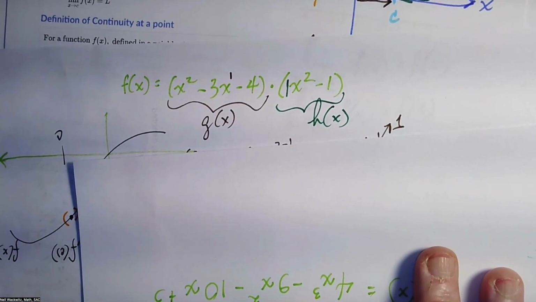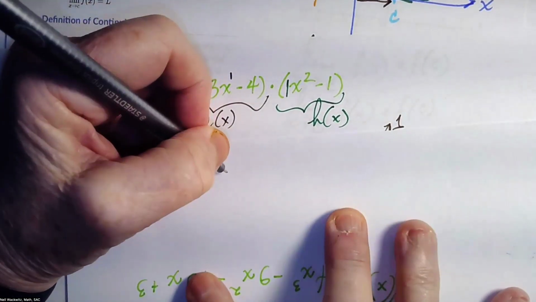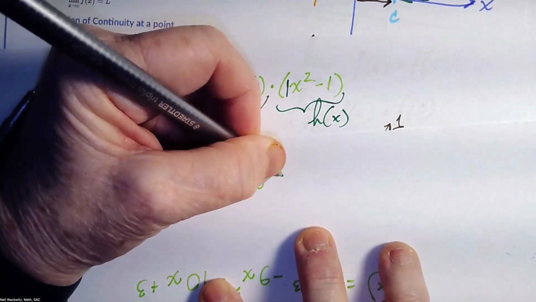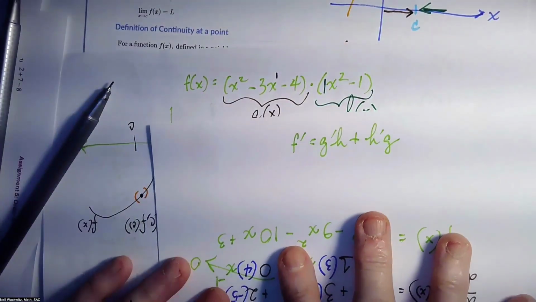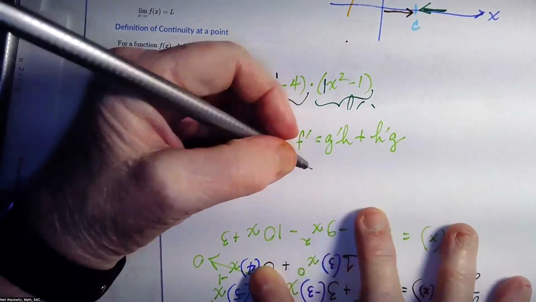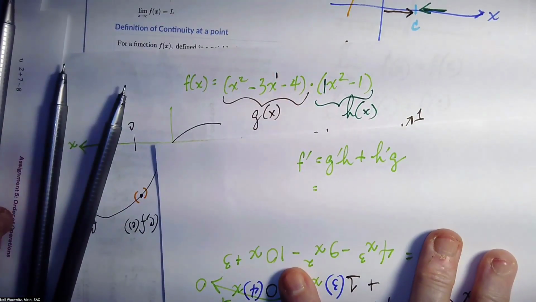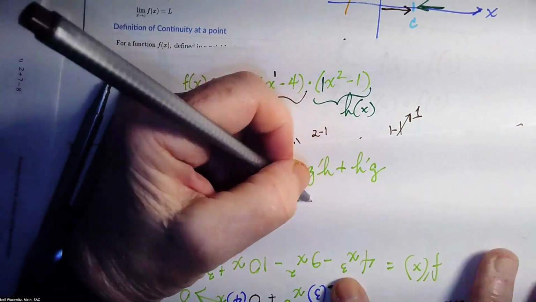We know that. Okay. F prime equals g prime h plus h prime g. G prime is 2x minus 3.